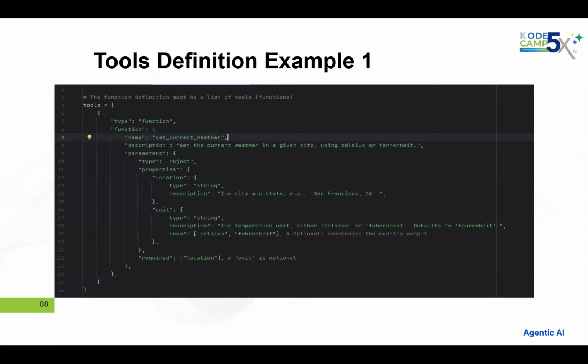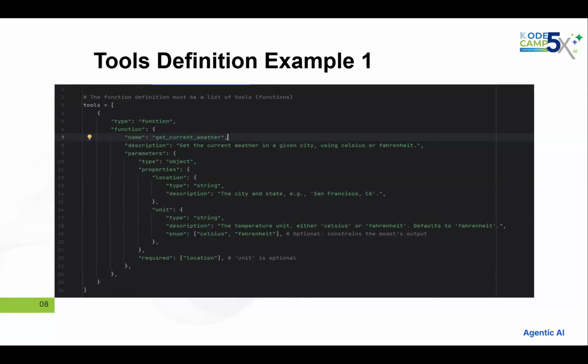The second parameter is unit, and that's simply a specification of whether you want the temperature in Celsius or Fahrenheit. If you look at the description for the unit parameter, you will see that it defaults to Fahrenheit, meaning that it's actually an optional parameter.